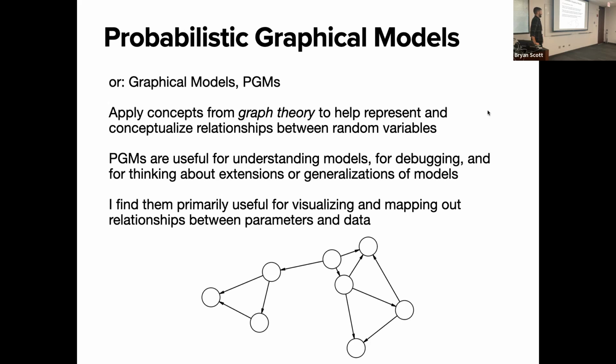Finally, as I already said, it is a whole field, and there's a lot of other things you can do with these in the math and statistics land. But in terms of astronomy and astrophysics data analysis, I find them mostly useful for visualizing and mapping out the relationships that you have between random variables in a model, or parameters in data.